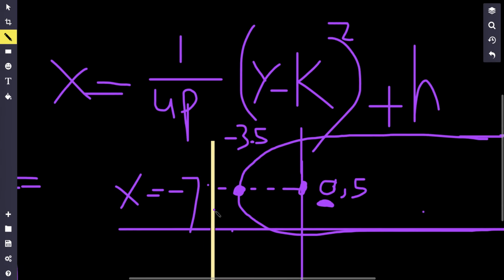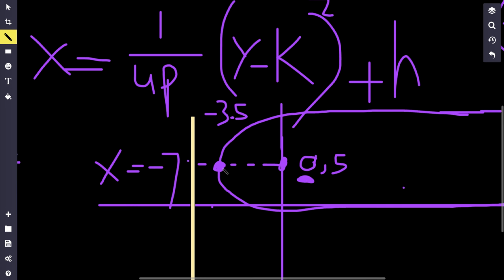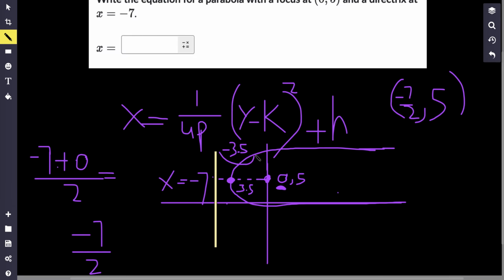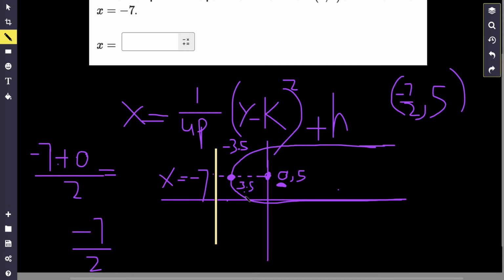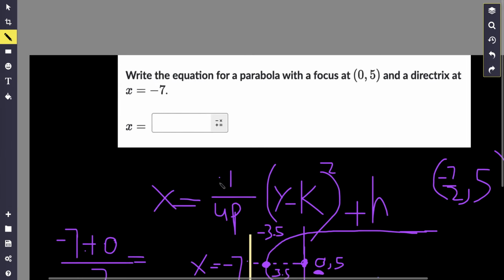And you notice how the distance between my vertex and my focus is 3.5, right? The vertex has an x value of -3.5, and my focus has an x value of 0. So the distance between my vertex and the focus is just 3.5 because they have the same y value.